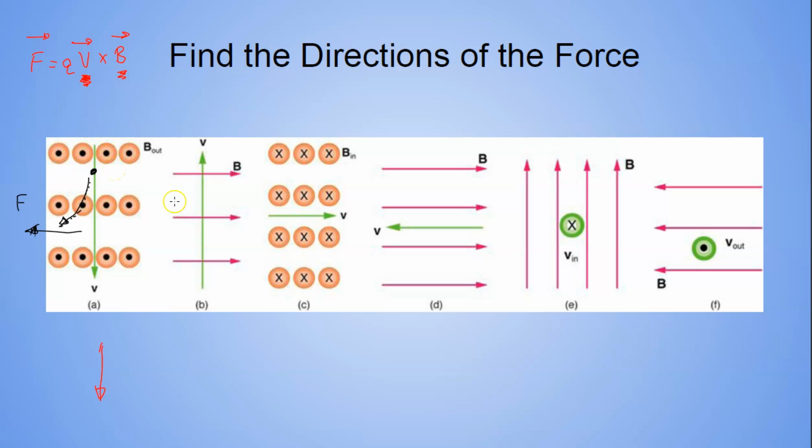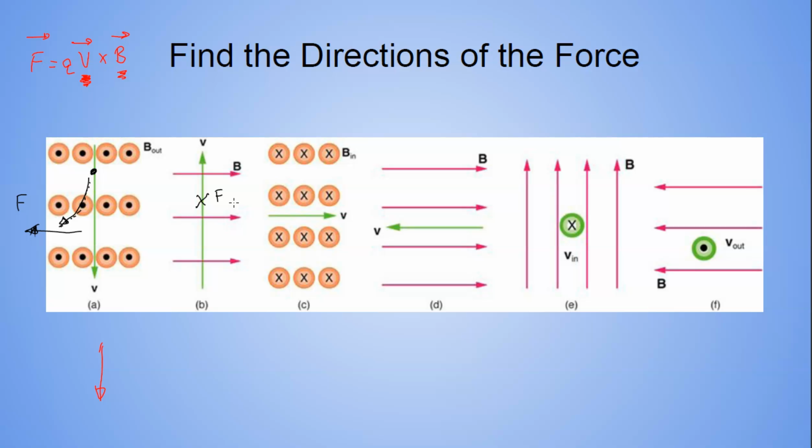So the force right here would be into the board, like that. All right. V, point up the screen. Then you got to roll your hand over. Try not to tear your wrist or anything there. Curl your fingers to the right, and your thumb is pointing into or towards the screen right there. So that would be the direction of the second one.